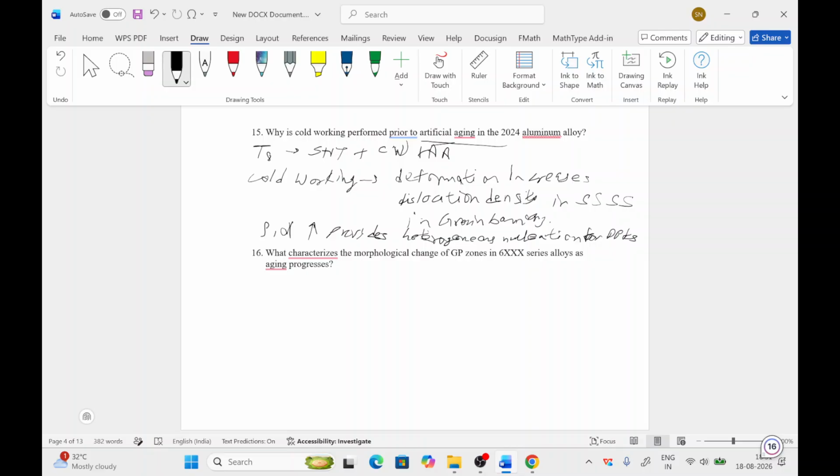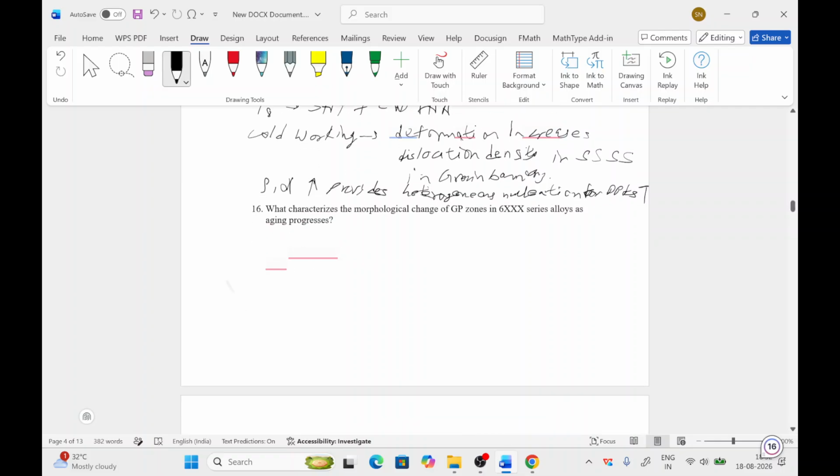With heterogeneous nucleation sites, more precipitates will form, and with a high density of precipitates, the strength will further increase in the 2024 aluminum alloy. So cold working is done to provide heterogeneous nucleation sites for more precipitate nucleation.